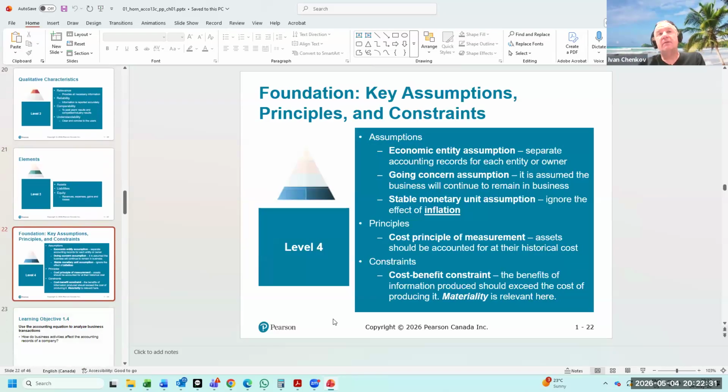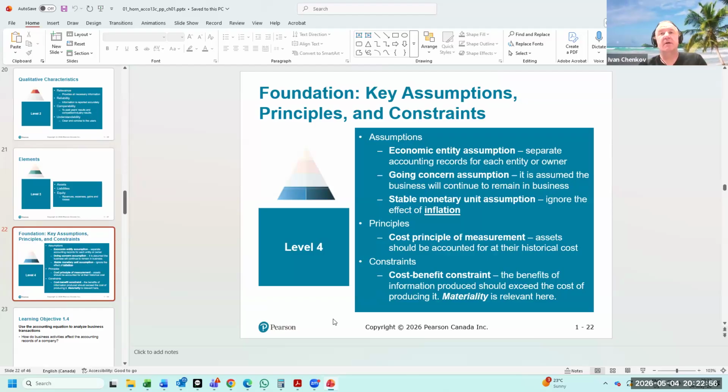And all these, characteristics, elements, objectives, align on certain assumptions, which are the foundation of financial reporting or accounting. We have assumptions, we have principles, and we have constraints.